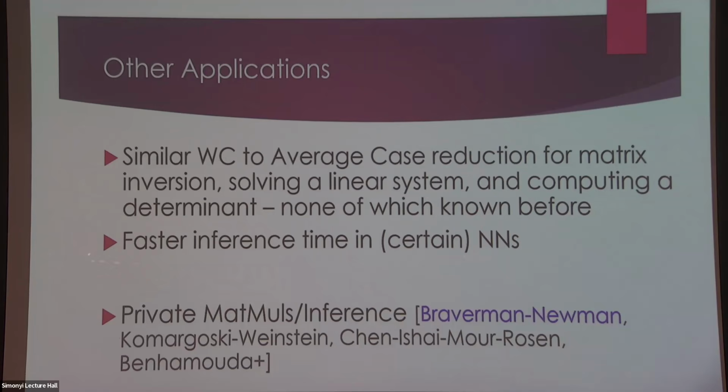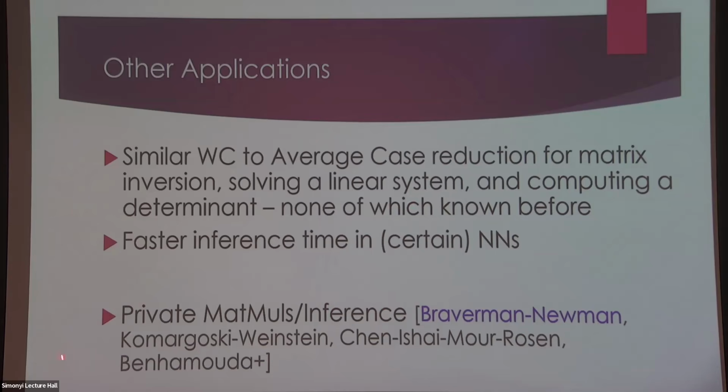And as I mentioned in the dimension reduction setting, there is actually a tight connection to a certain type of neural networks in which we now have a faster inference time. So there is a class of networks in which the first matrix is untrained. The first matrix is essentially just a dimension reduction. So for all of those, we now can have faster inference, faster training in some sense.